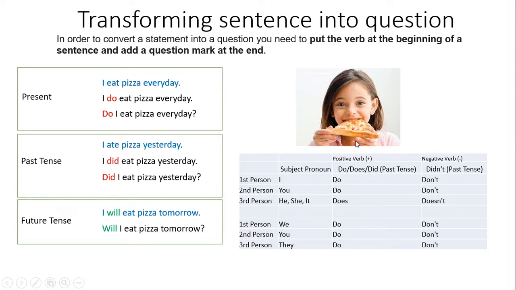So you can see that the picture is about a girl who is eating a pizza. So let's make a statement from this picture. The statements are divided into three forms, which is present, past tense, and future tense.